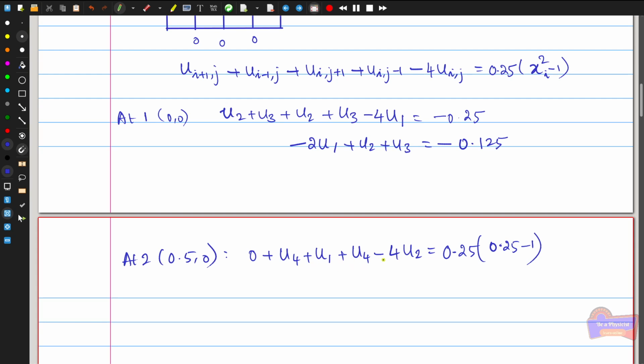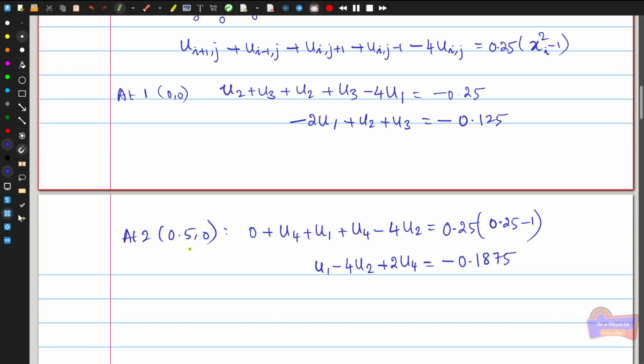I further simplify this equation as u1 minus 4 times u2 plus 2 times u4, which is equal to, with a simple mathematical calculation, minus 0.1875.